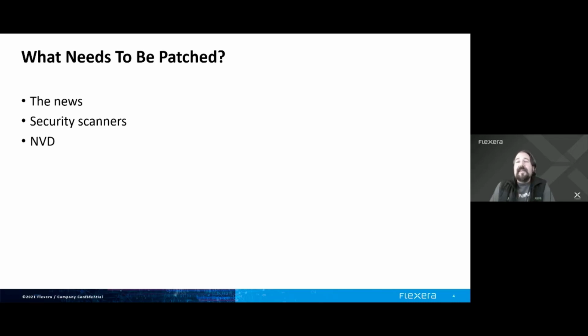And then NVD is the most popular source for what's vulnerable, what's out there, what do I need to be looking at. That's the National Vulnerability Database, but it is a public service, and it is full of some noise and some inaccuracies.